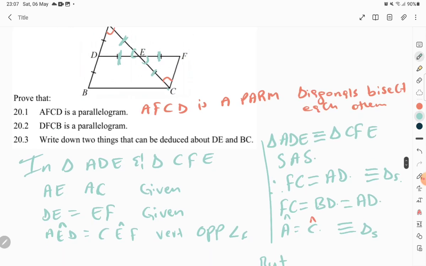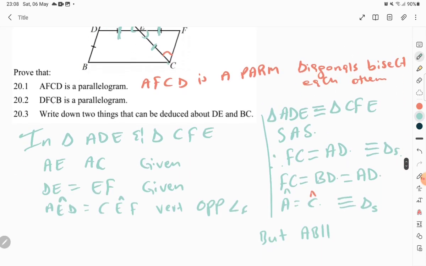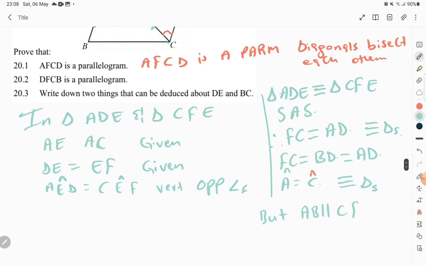So line AB is going to be parallel to CF, arising because corresponding alternate angles are equal.